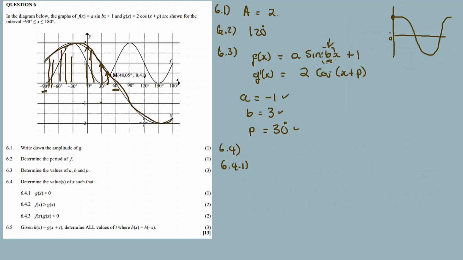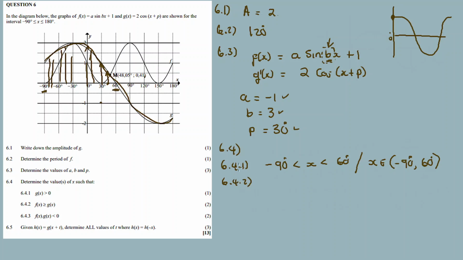They make g abe above the x-axis or abe greater than 0. So the answer to it should be negative 90 degrees less than x less than 60 degrees, or ungathi okay, x is element of negative 90 degrees excluded, 60 degrees excluded. Now answer yethu ke.